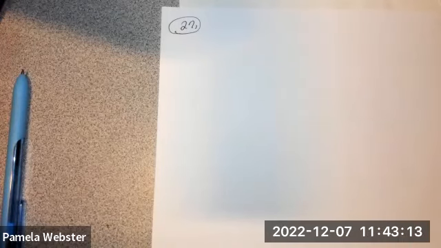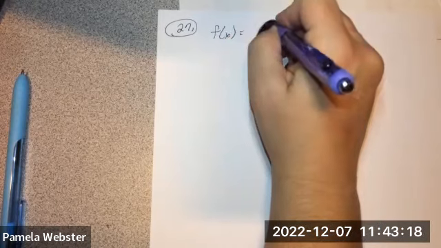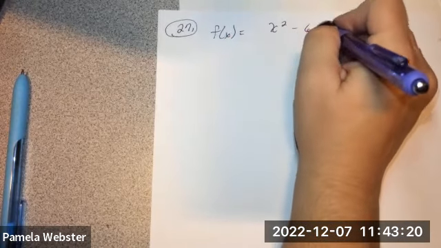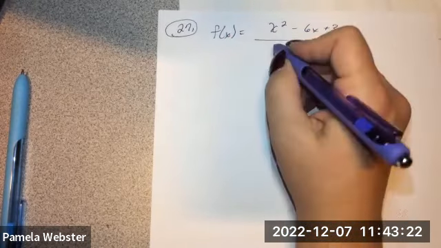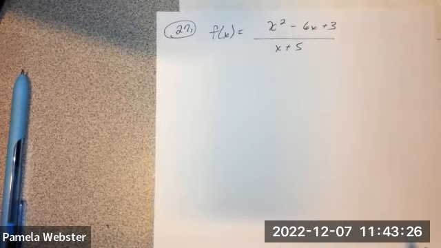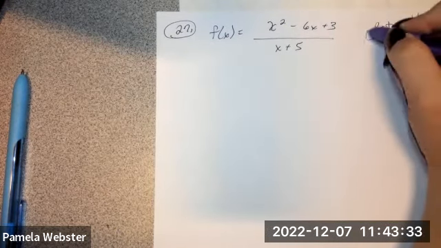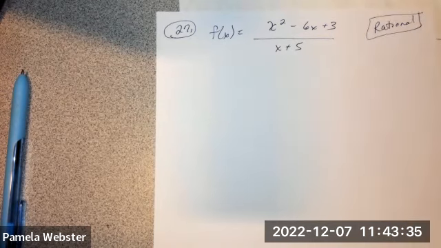Okay, number 27 says f of x equals x squared minus 6x plus 3 all over x plus 5. And this guy is a rational function. I know he's rational because of that fraction going on there. So we have to worry about domain first and foremost.